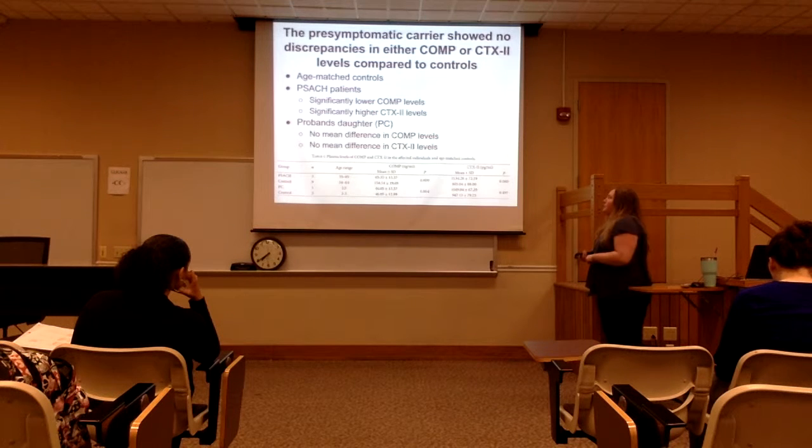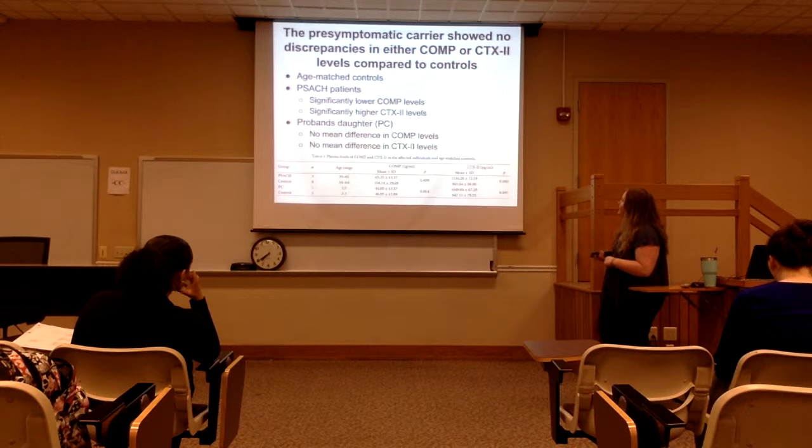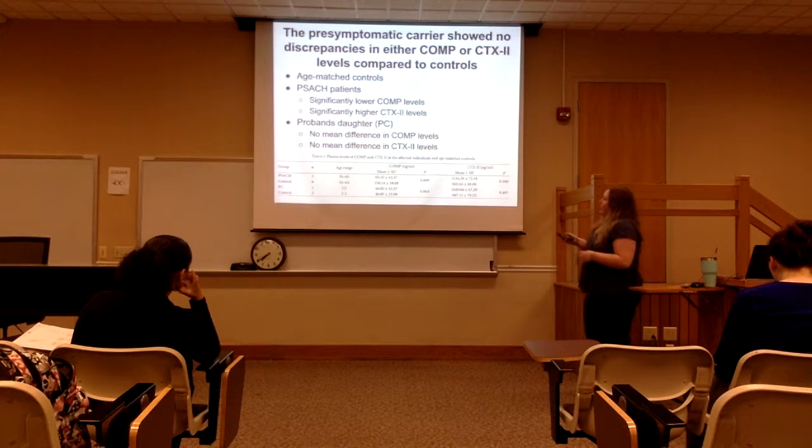So what they found is that the pre-symptomatic carrier showed no discrepancies in either COMP or CTX2 levels compared to the controls. They used age-matched controls when they did this, and what they found was the PSACH patients, compared to their controls in age ranges of about 34 to 65, showed a significantly lower value of COMP and a significantly higher level of CTX2.